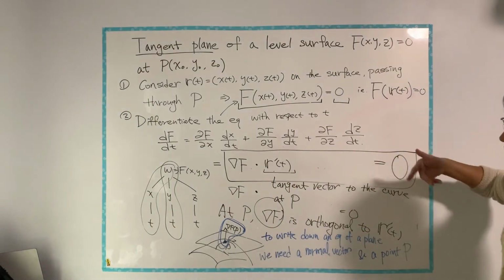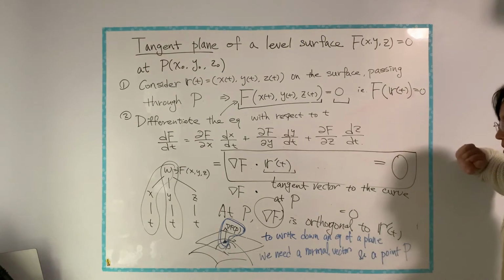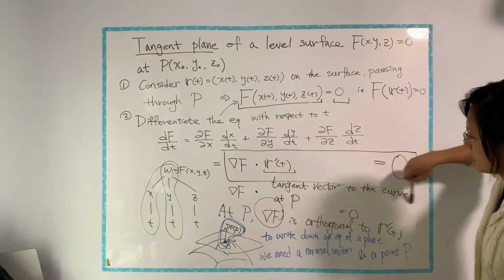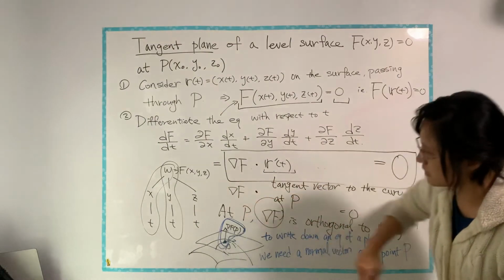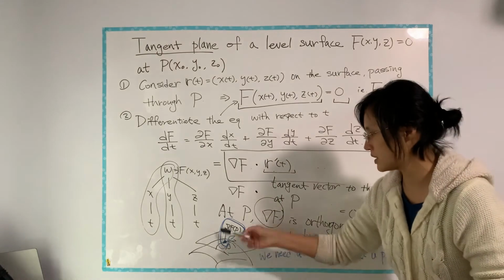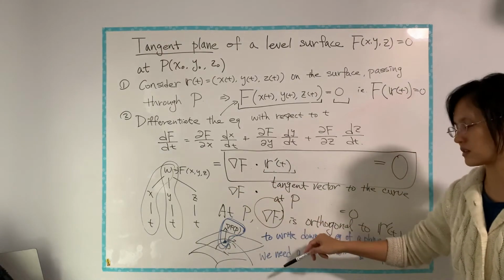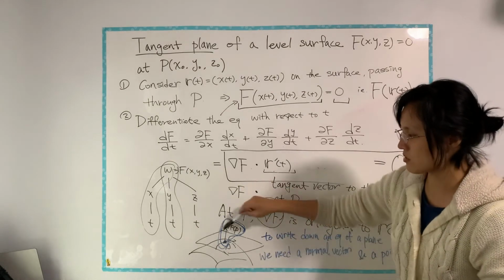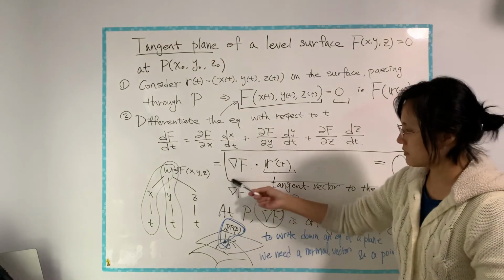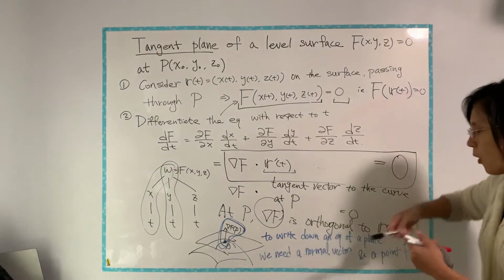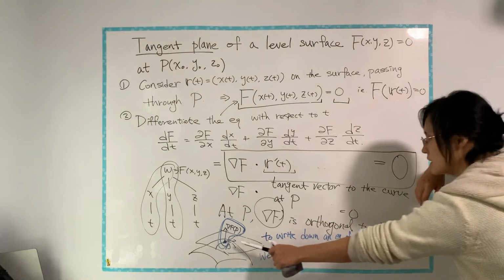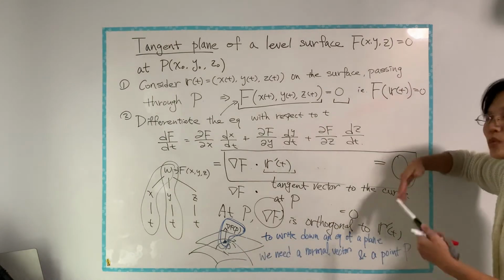Okay? So now let's look at what happens at the point P. At the point P, r prime gives you a tangent vector, like a tangent vector here, and it's arbitrary because the curve is arbitrary. It can go from here, it can go from here, as long as it sits on the surface and passes through P. So that means gradient f at this point P is always perpendicular to the tangent plane, the tangent plane we're looking for.